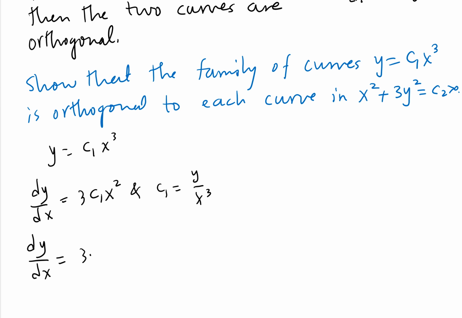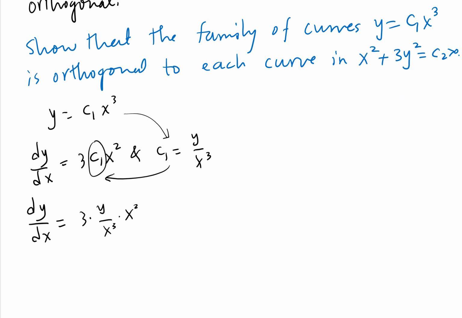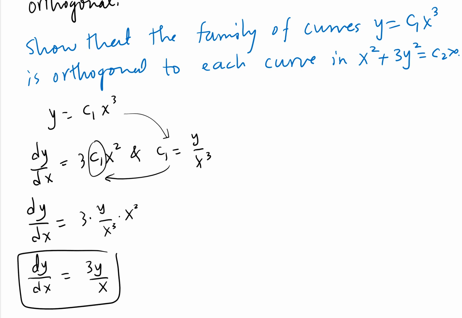To get rid of the c1, I replace c1 with y over x cubed, times x squared. So dy dx is 3y over x. That's for the first one.